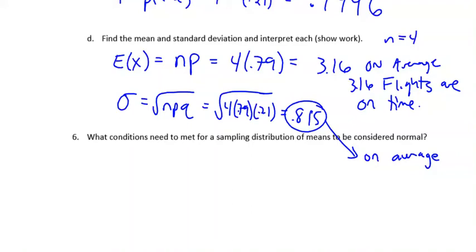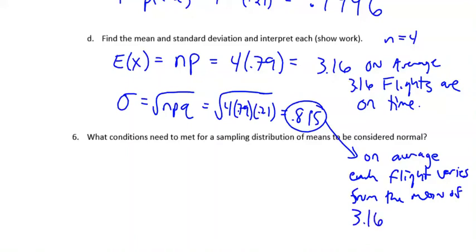So, on average, each flight varies from the mean of 3.16 by 0.815. So on average, the number of on-time flights is 3.16, but that varies on average by 0.815 flights. Might be a little bit better way to say that.